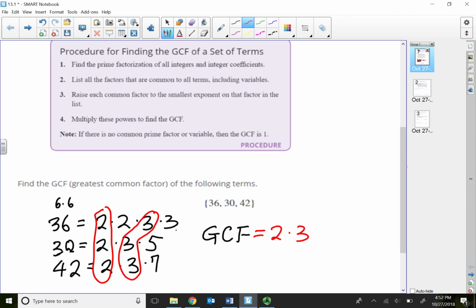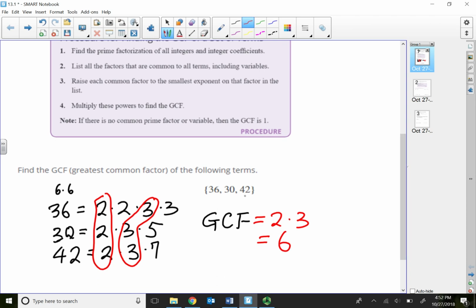Since there are no more factors repeated between all 3 terms, my greatest common factor will be 2 times 3, which is 6. Most of us look at 30, 36, and 42 and know the greatest common factor is 6 because I have a factor of 6 in all 3 terms, and that's called the greatest common factor.